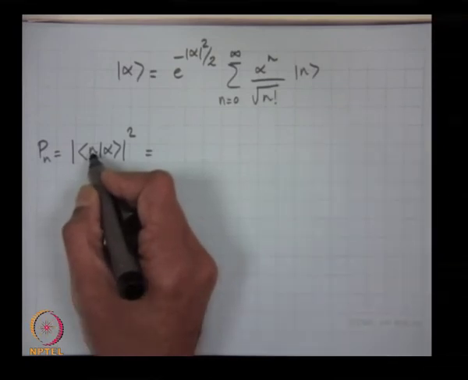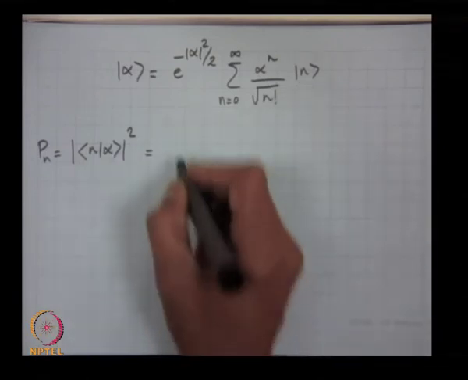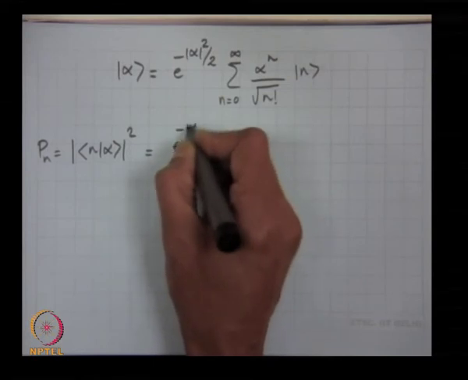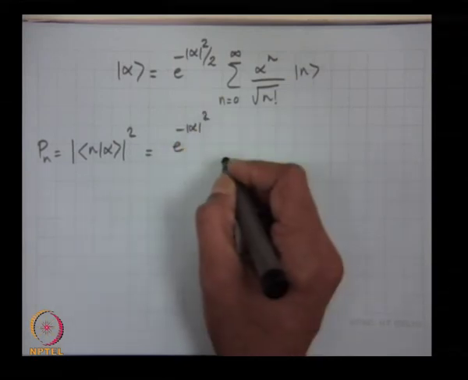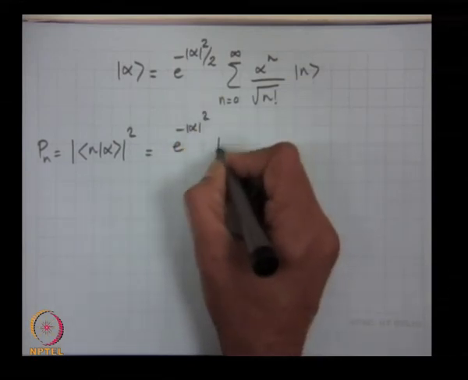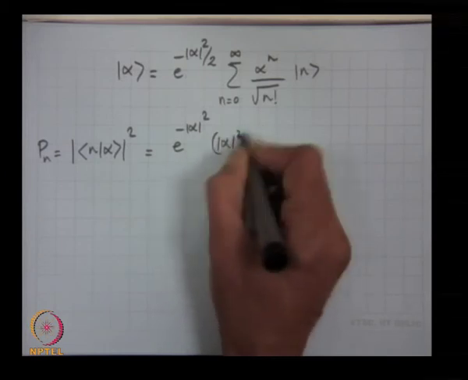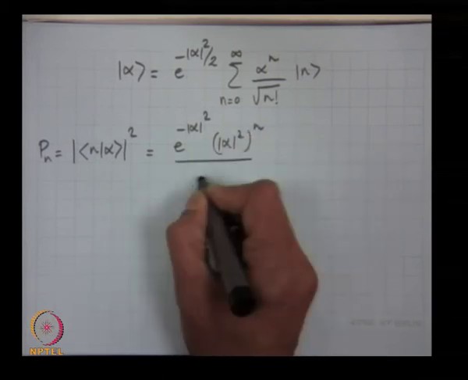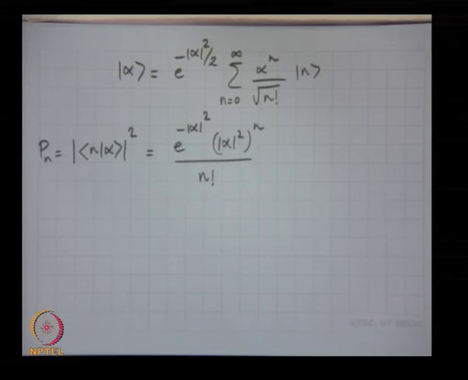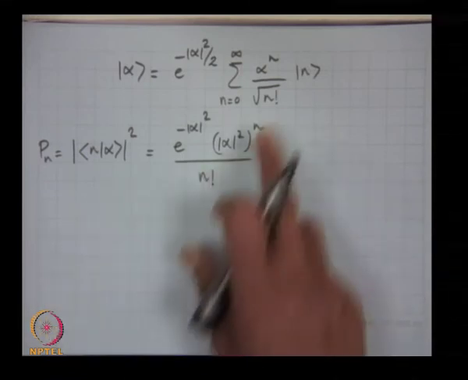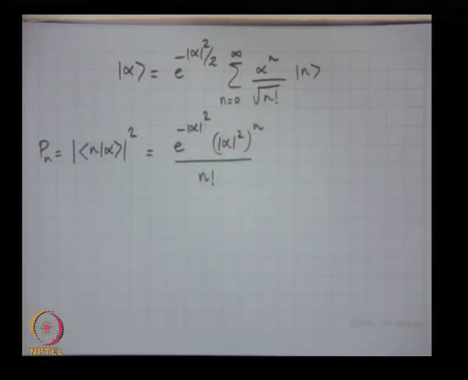Only one of the terms will survive. So I will have exponential minus mod alpha square, and one will be alpha star raised to the power n into alpha raised to the power n. So, mod alpha square raised to the power n divided by n factorial.